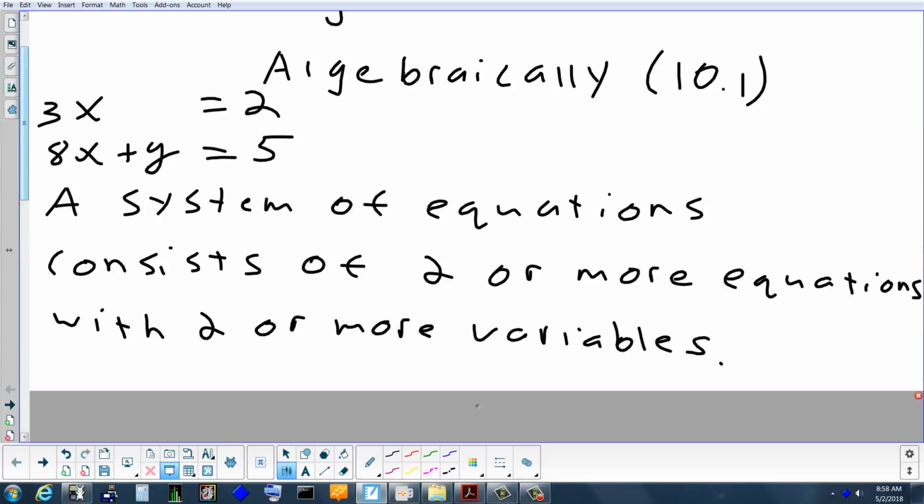Yeah, I think now you might be able to solve that, because if you think of it from a graphing perspective, okay, this is basically the line x equals 2/3. That's the top one. And this is the line x equals 5/8. Those are two vertical lines. They are parallel. They would never cross.